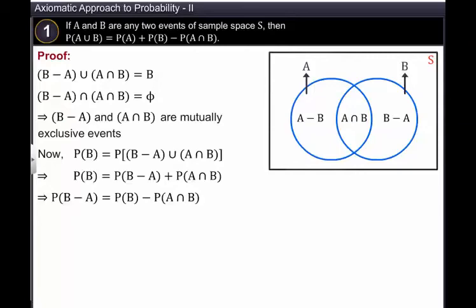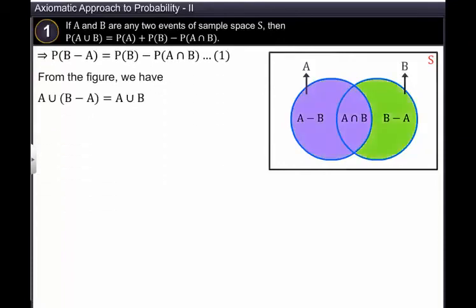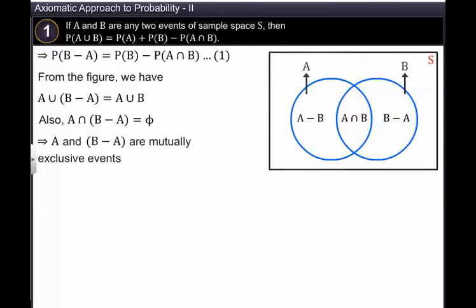Again, from the figure we have A union (B minus A) is equal to A union B. A intersection (B minus A) is equal to phi. This implies events A and B minus A are mutually exclusive.